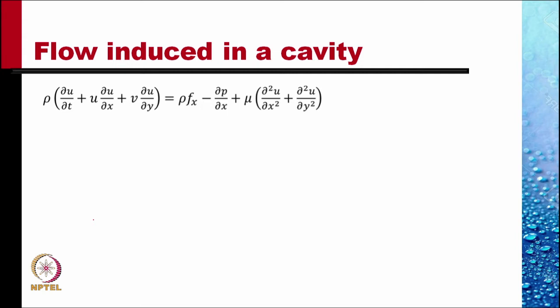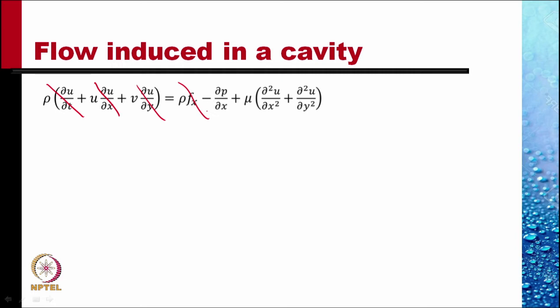In this term again, steady flow, u does not change in the x direction, velocity v is 0, no body force in the x direction, del p by del x, the pressure gradient in the x direction, it will remain.